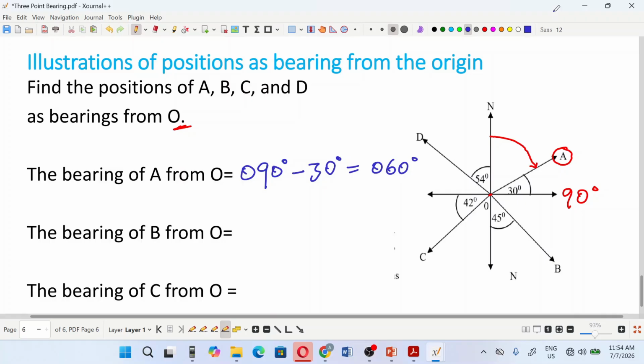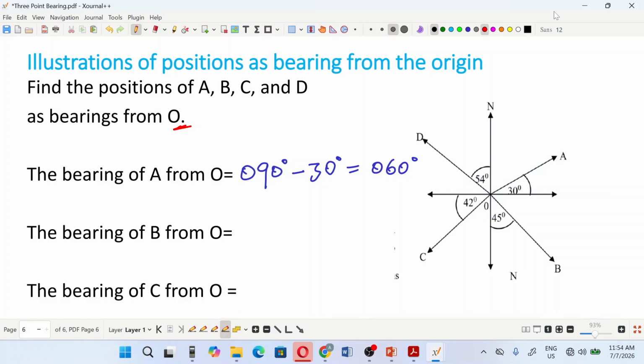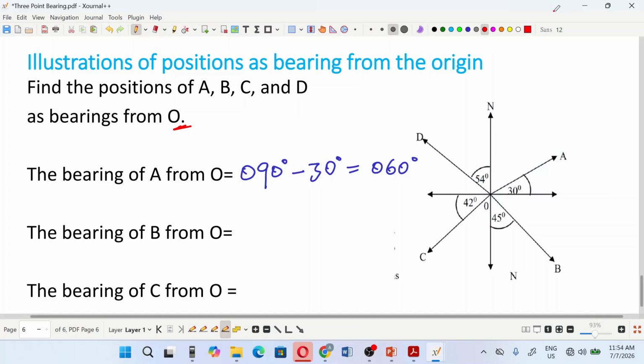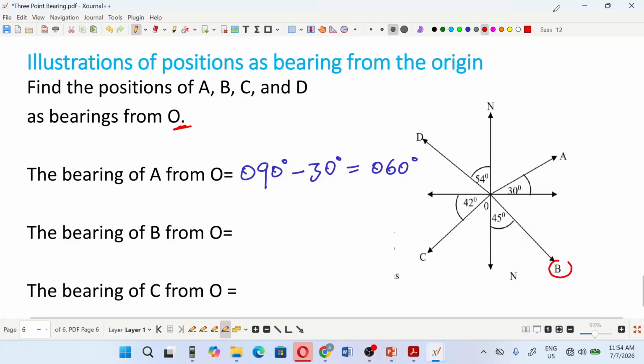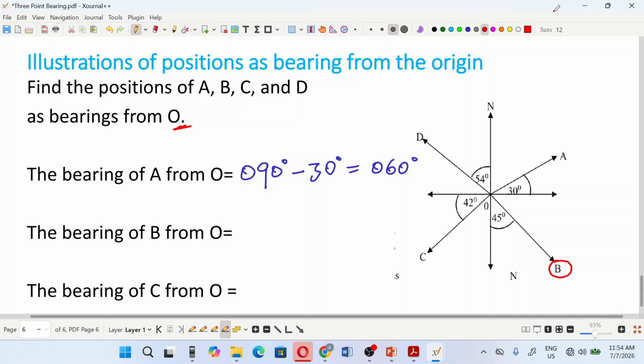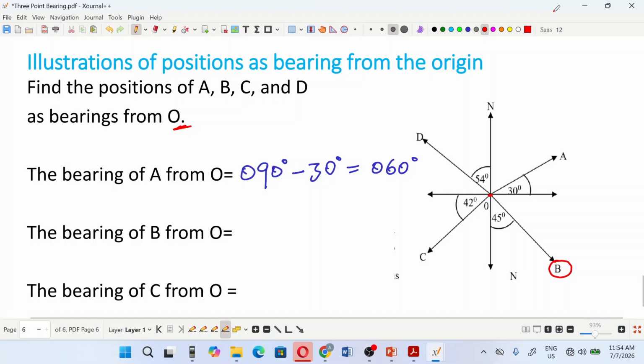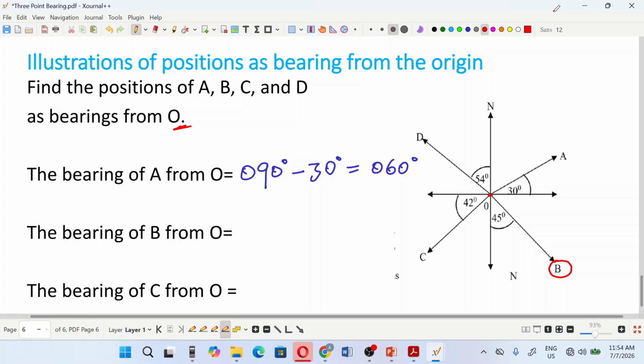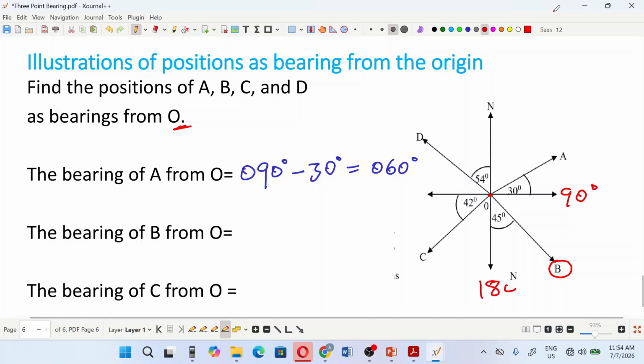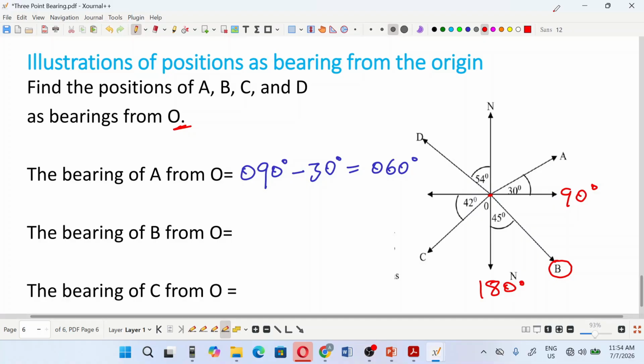So let's look at our second example, right? It's telling us to find the bearing of B from O, right? It's looking at this particular point from the point O, which is our origin. And we always measure from the geographical north. So this is going to be our 90 degrees, and this is 180 degrees, right?